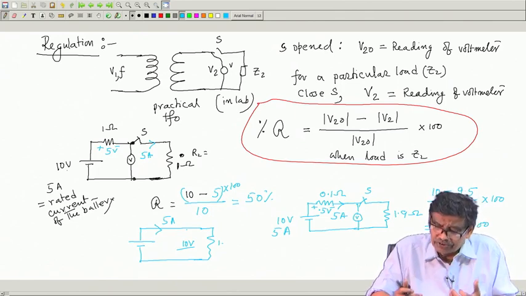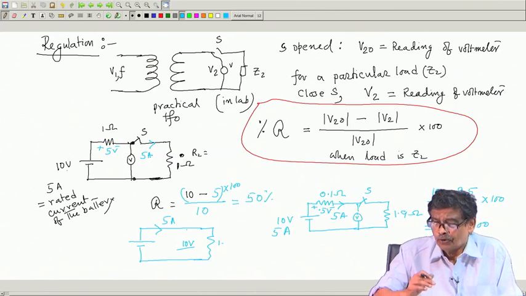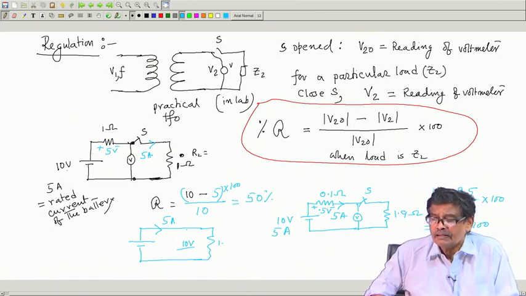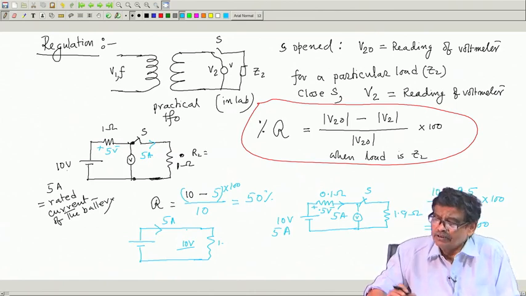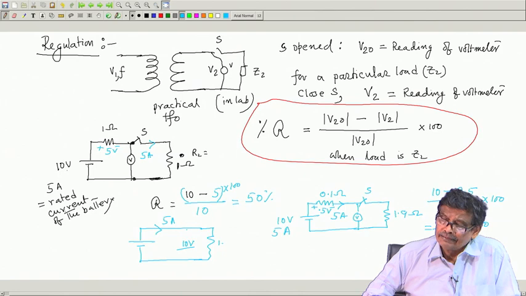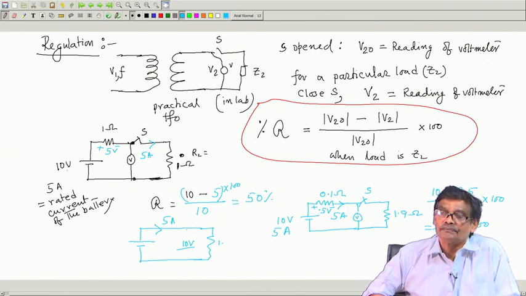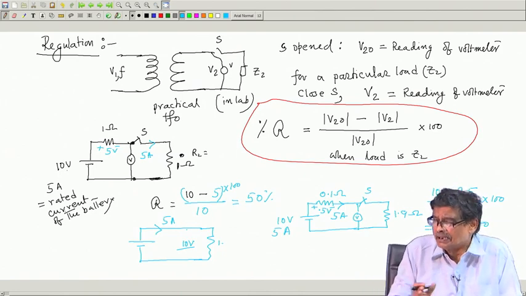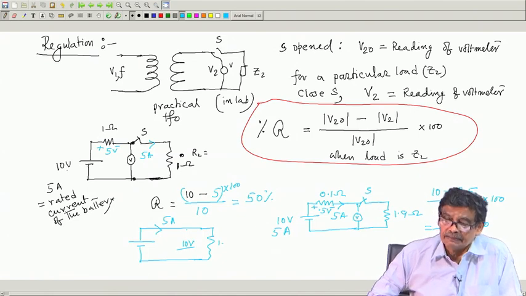But it looks like that from no load to full load, if at all a change takes place in the magnitude of the voltage across the load, that should be small, so that it can maintain voltage there.